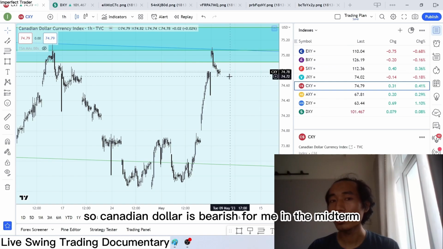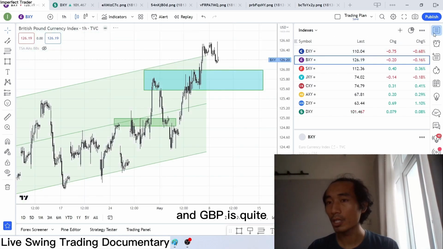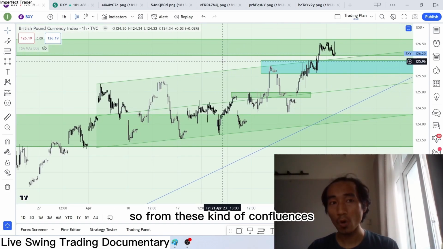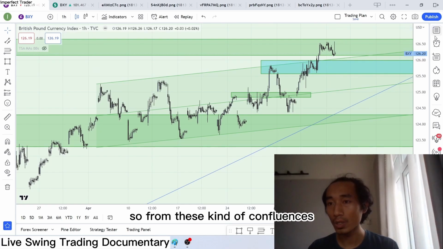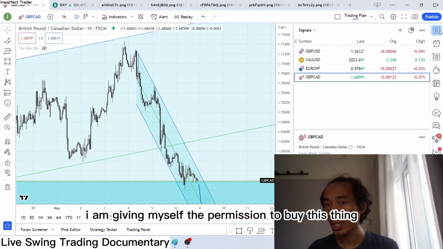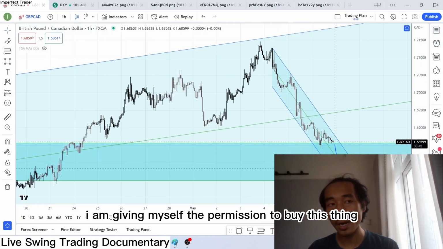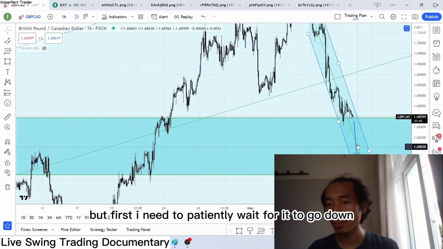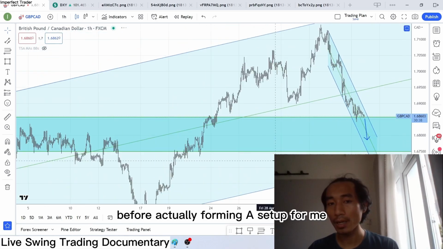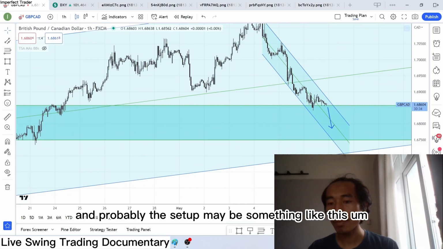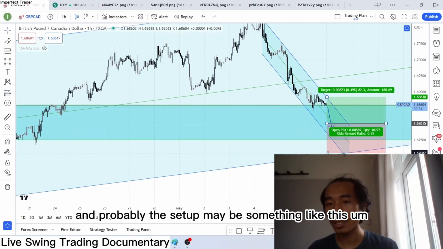So the Canadian dollar is bearish for me in the midterm, and the British pound is still quite bullish for me in the midterm as well. So from these confluences, I am giving myself the permission to buy this thing. But first, I need to patiently wait for it to go down before it actually forms a setup for me. And probably the setup may be something like this.